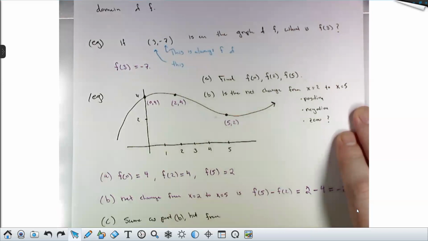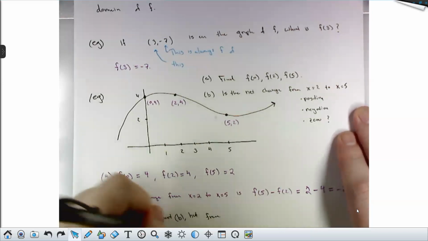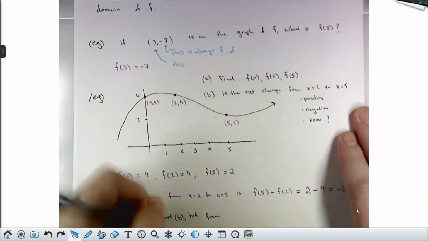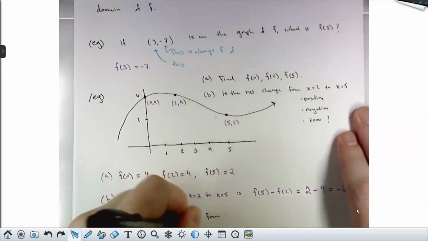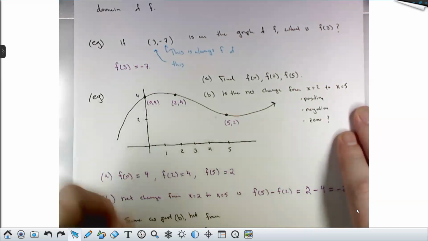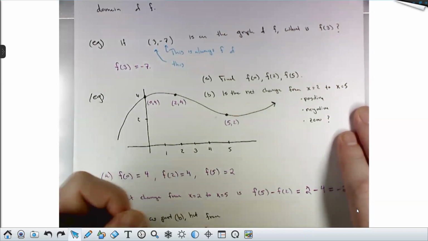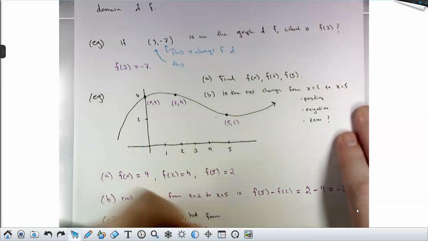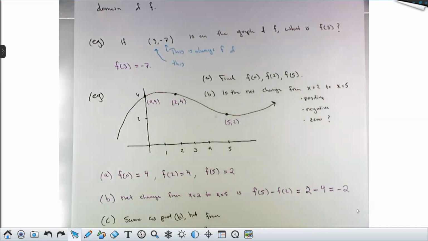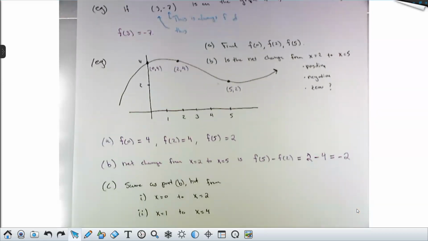Let's do from x equals 0 to x equals 2, and then from x equals 1 to x equals 4. So I want to know, is the net change positive or negative?